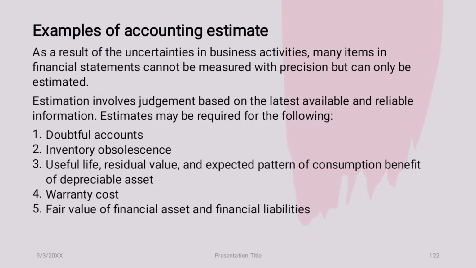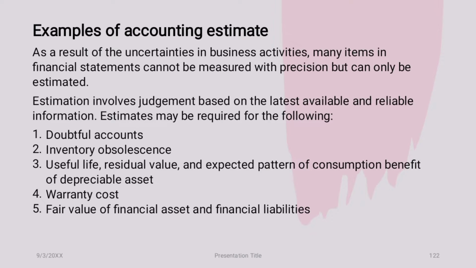Third is the useful life, residual value, and expected pattern of consumption of benefit of a depreciable asset. For example, for useful life, for computation purposes we estimate how long the useful life of a certain property, plant and equipment will be, because we do not know the absolute useful life of a certain property.